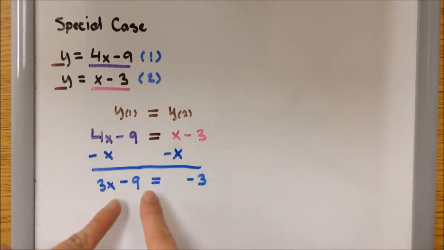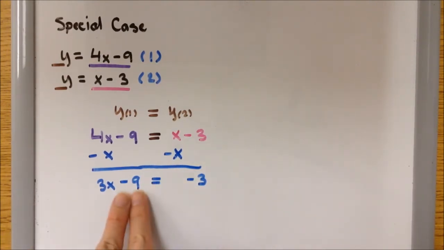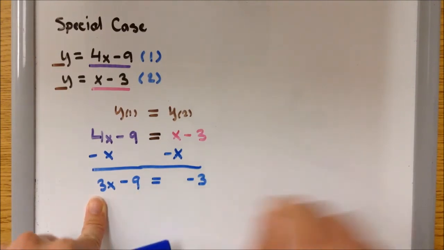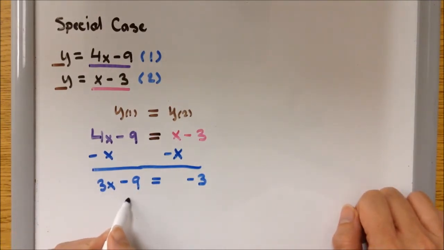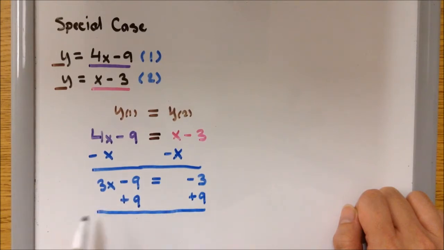What I need to do now is get the numbers on the other side, opposite of the variable. If I want to get 3x by itself, I need to cancel out the minus 9. The opposite of minus 9 is plus 9. Do it on the left side, so I gotta do it on the right side. So 3x, the 9 cancels out, equal sign, negative 3 plus 9.